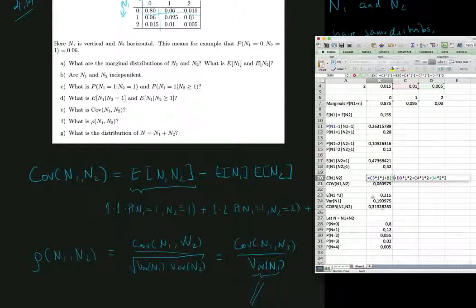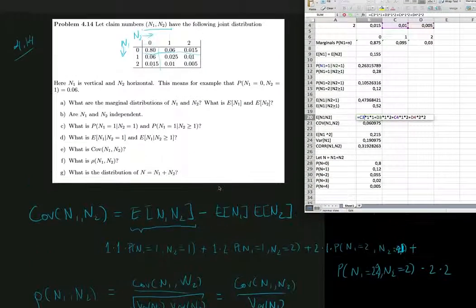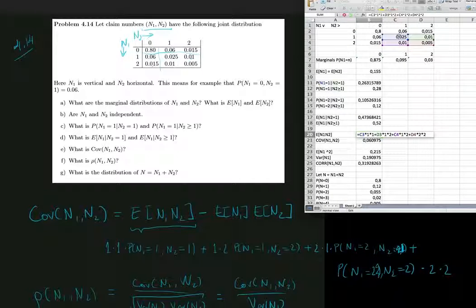I find the mean of N1 multiplied by N2, and I do it exactly as we described it in the formula here. So it is 1 multiplied by 1, and then I multiply by the probability of both N1 and N2 being 1. And then we have 1 multiplied by 2 multiplied by this probability, plus the other combination of 1 and 2 multiplied by this probability for the other combination, plus the probability that both N1 and N2 are equal to 2 multiplied by that value, 2 multiplied by 2.